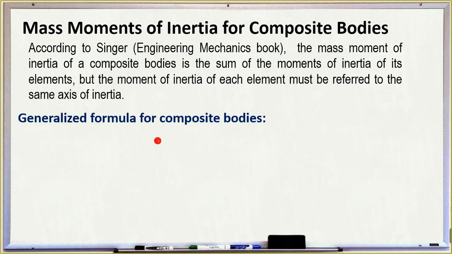Okay, so for composite bodies, the mass moment of inertia of a composite body is the sum of the moments of inertia of its elements. But the moment of inertia of each element must be referred to the same axis of inertia. The principle is the same as with the second moment of area.